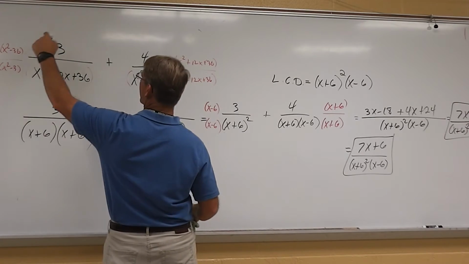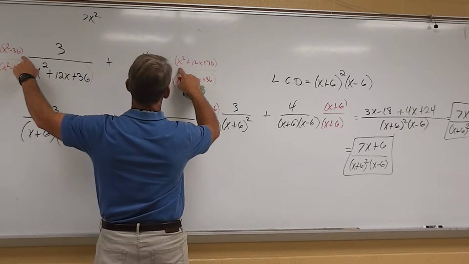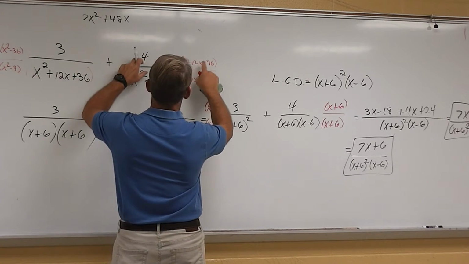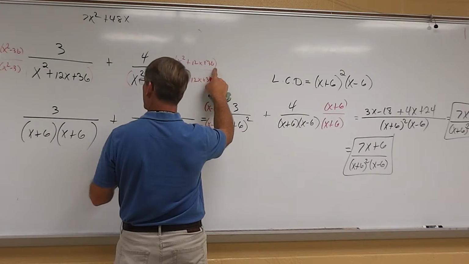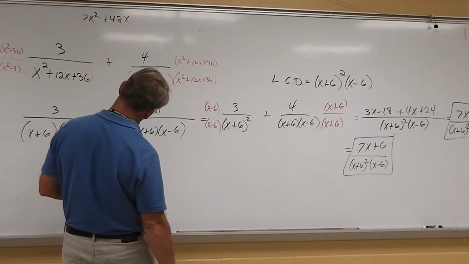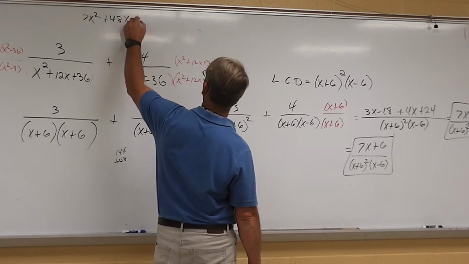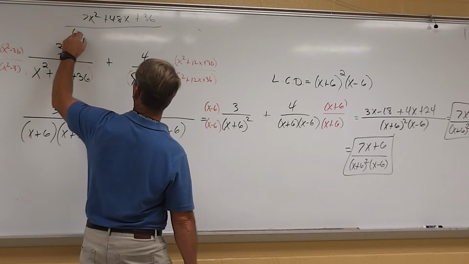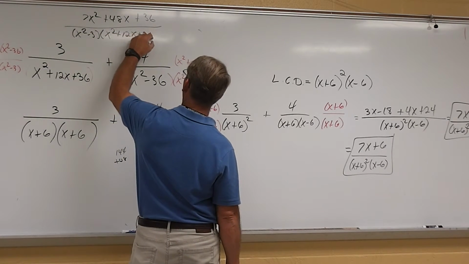We would have had 3x squared and 4x squared is going to be 7x squared plus 48x, 120, 144 minus 90, 108 is going to give me negative 36, I think, or plus 36, all over this.